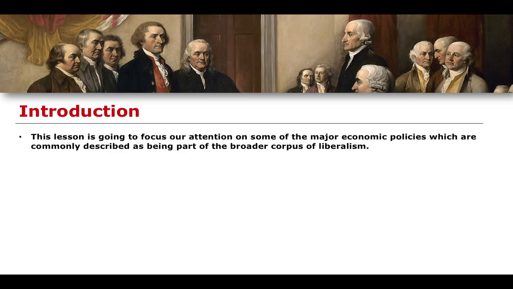Obviously, Thomas Hobbes is not a liberal, but he presents quite a negative conceptualization of what essentially the state of nature would look like, whereas John Locke takes a much more positive approach, as we see.